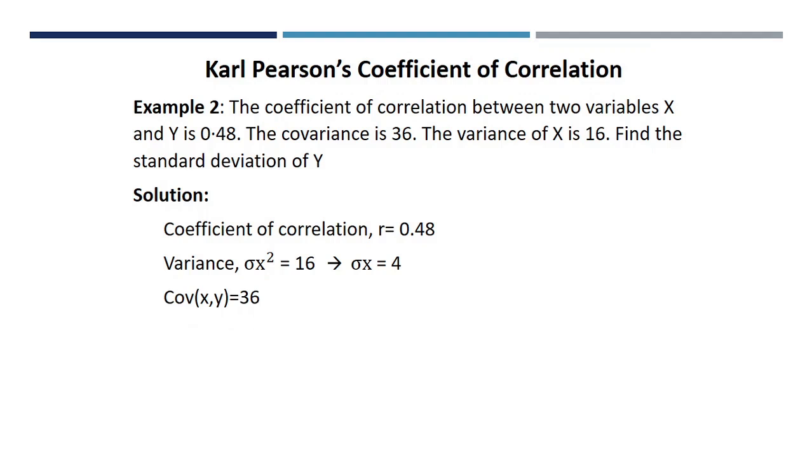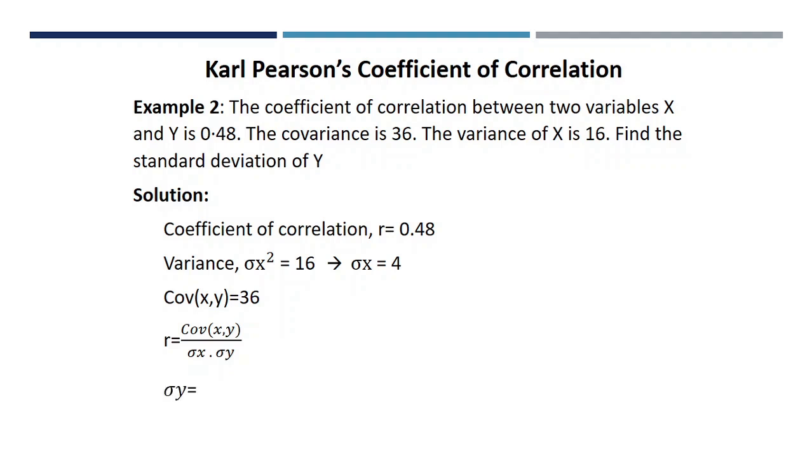So now covariance of xy is given as 36. Now we have the equation for coefficient of correlation r as covariance of xy divided by standard deviation of x into standard deviation of y. So from this we can calculate the standard deviation of y by substituting the values of covariance of xy and standard deviation of x.